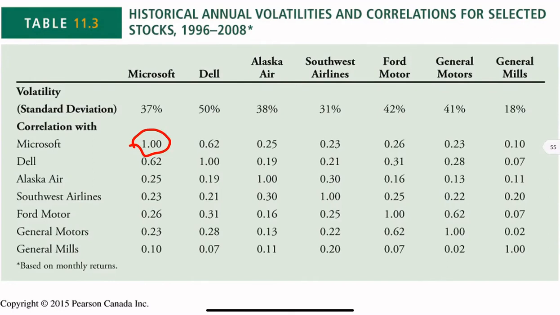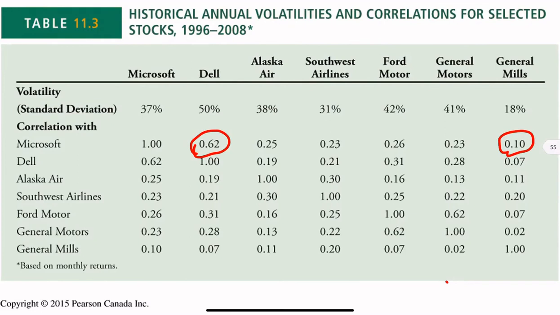Now, if you compare these two correlations, you can see that Microsoft has a correlation of 0.62 with Dell, but it has a much lower correlation, which is 0.1, with General Mills. Again, you should be able to explain this. Both Microsoft and Dell are in the IT industry.